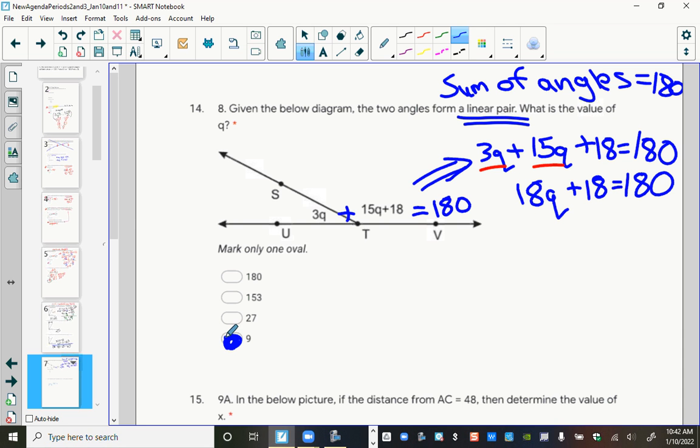All right, here's how we get that 9. After you combine your like terms, which we did here, CLT, 18q plus 18 equals 180. Two operations. First one was subtract and divide, that's all. Minus 18.